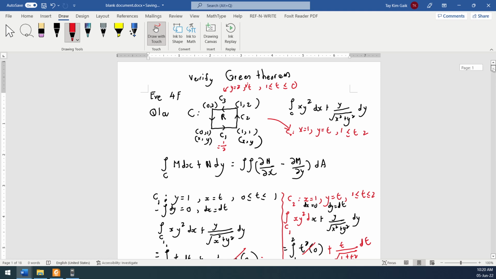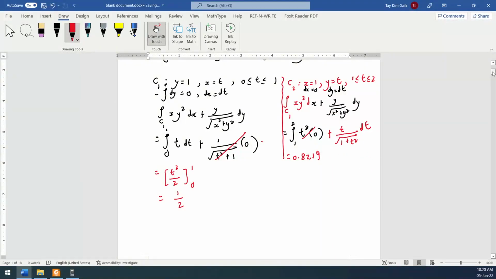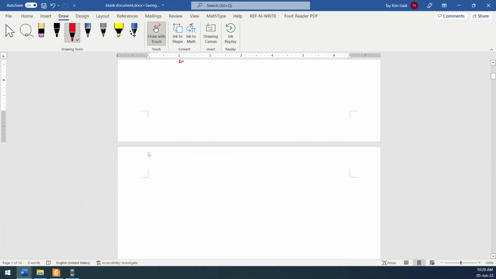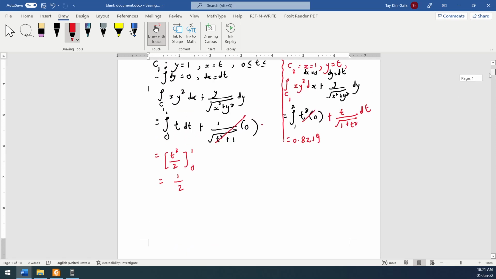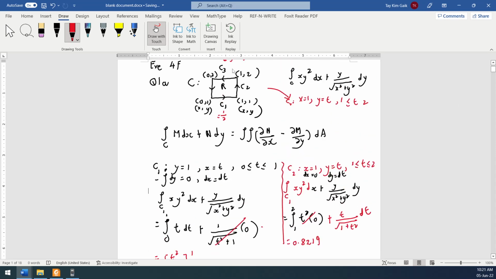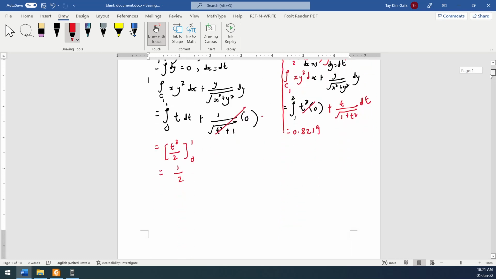So again, you do it on C3: y equal to 2, x equal to t. Looking back at the graph that you drew, x moves from 1 to 0, so t also goes from 1 to 0.